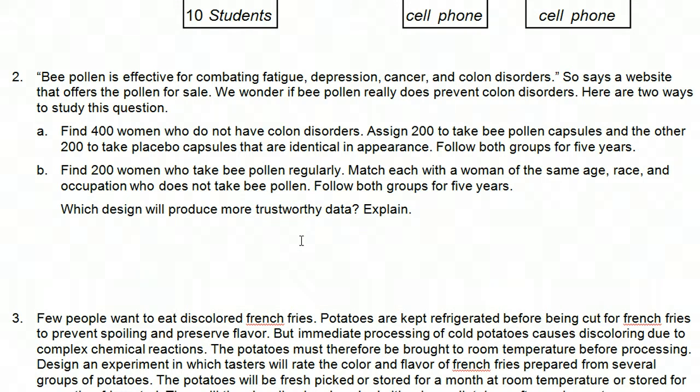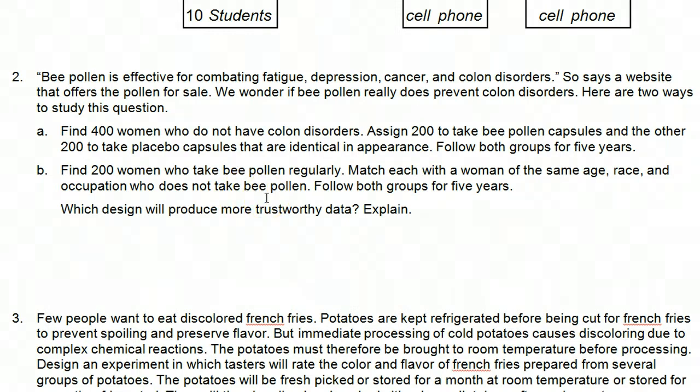So by grouping them all together, you're inviting some lurking variables that you can't even think of off the top of your head. Who knows? But if they have this one major thing in common, bee pollen, the fact is there's a good chance that they have a bunch of other things in common that we're not really intending to accidentally study.